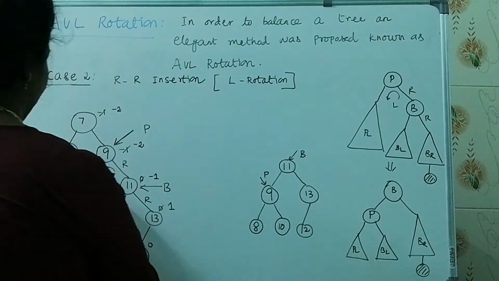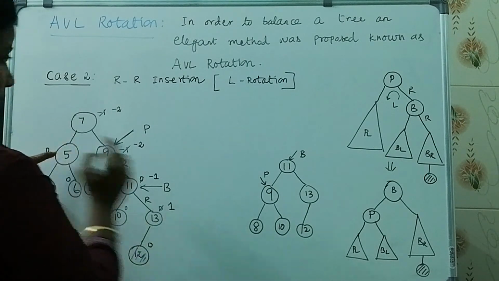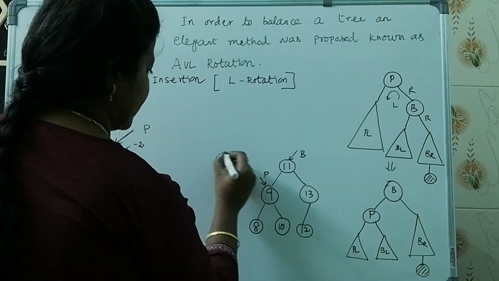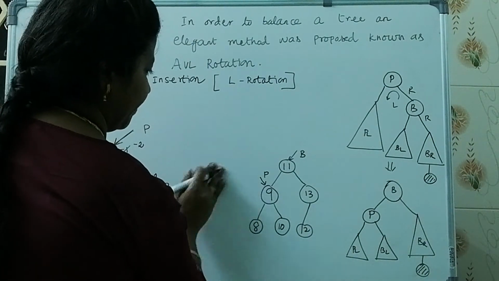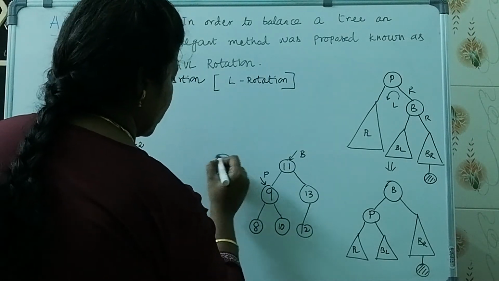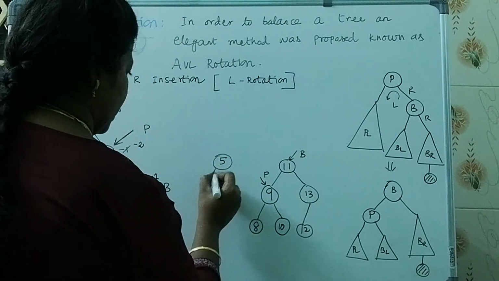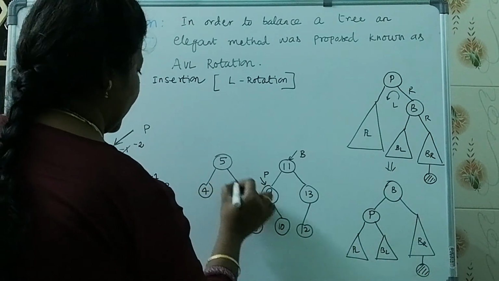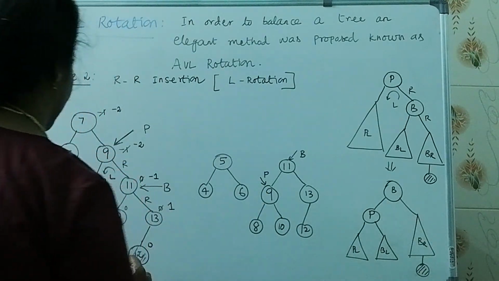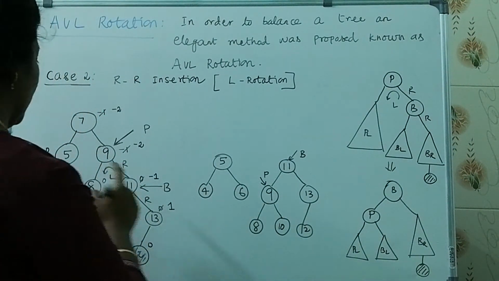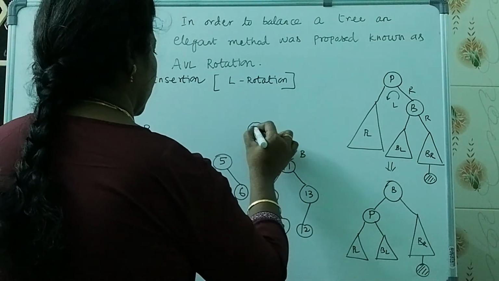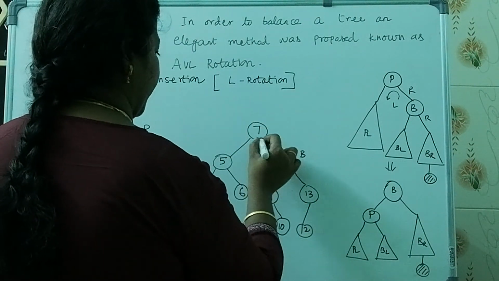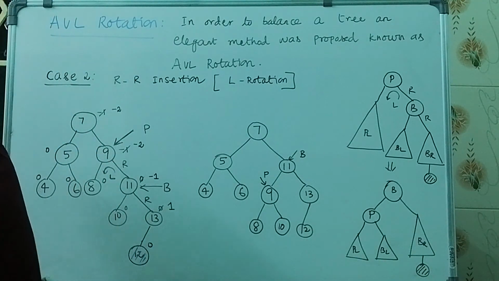Now this is at level, what level? 5 is at level 1. So we maintain the same thing. This is level 1. And then this is also at level 1. 5. Left of 5 is 4. Right of 5 is 6. Okay. And then the root node for this is 7. Fine.